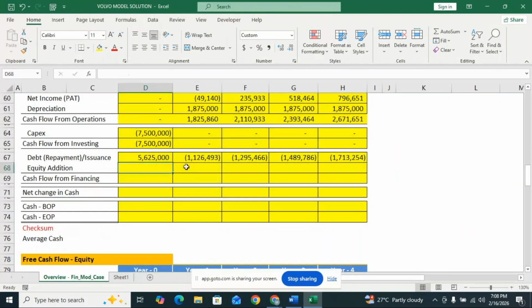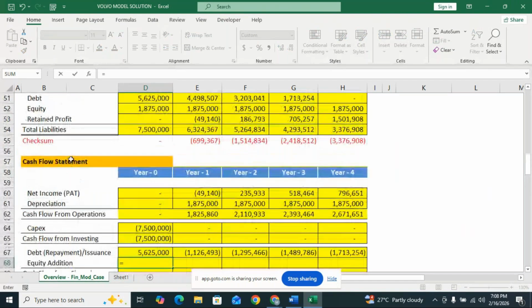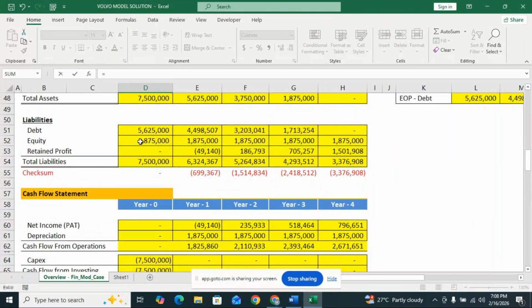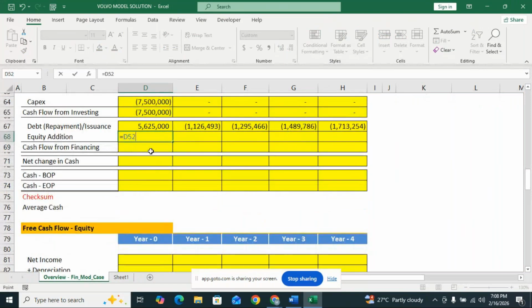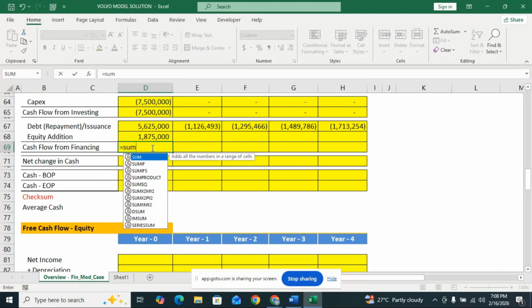Now debt you have to repay every year, but the same thing does not work with equity. So equals to equity addition, that is year only. Same reference you can take, equals to D52. That's all. So once you put up your equity addition, then calculate the gross cash flow from financing activities, sum, that's all.